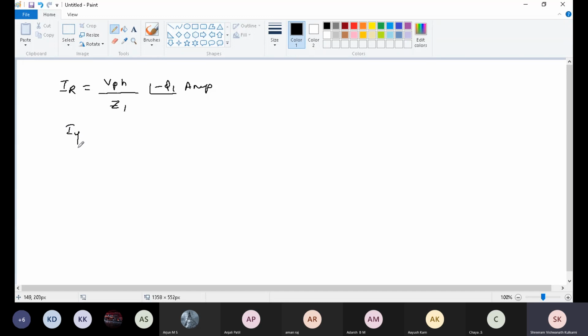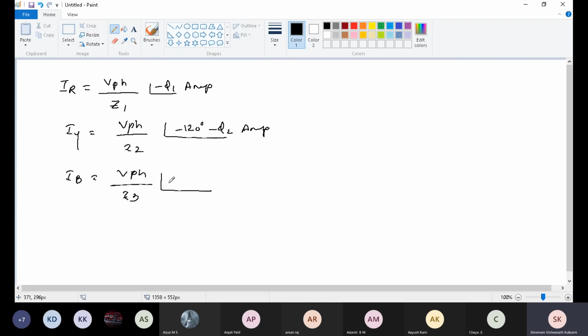Then IY equals V phase by Z2 at an angle of minus 120 degree minus phi 2 ampere. Then IB equals VBN, that is V phase by Z3 at an angle of plus 120 degree minus phi 3 ampere. Okay, this is the case for unbalanced load.